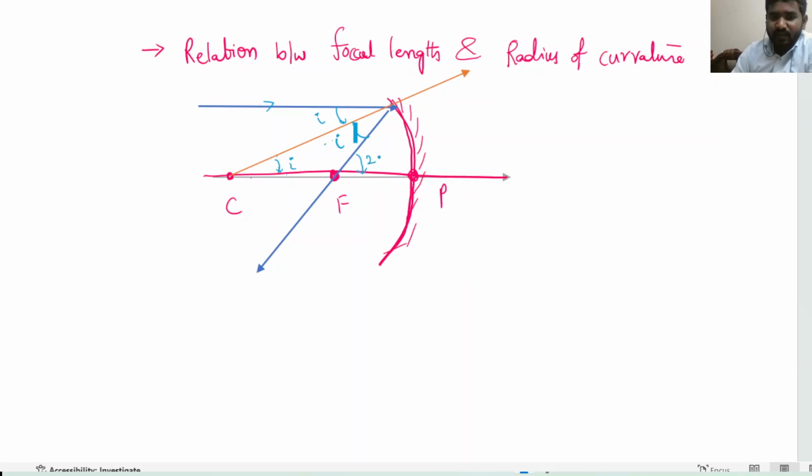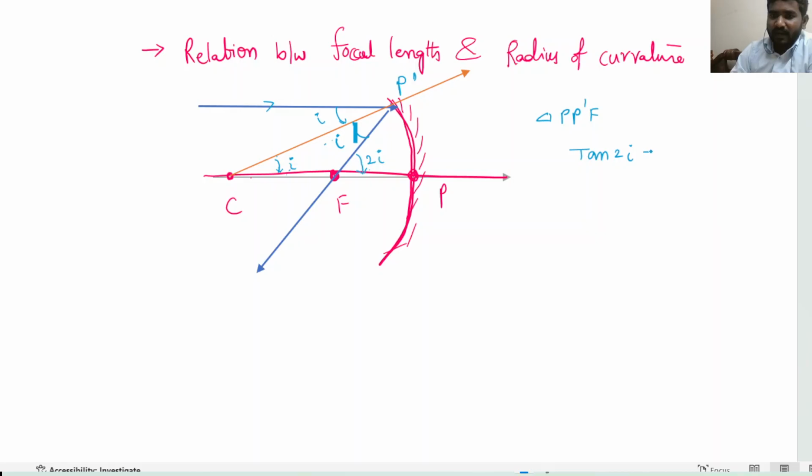Therefore, here the angle we need to take as 2i. Okay, so here the angle is 2i and here the angle is I. Now if you take this as P and the point of incidence as P dash, then from the triangle P, P dash, F, why? Because it is 2i, from the triangle P, P dash, F, tan 2i.